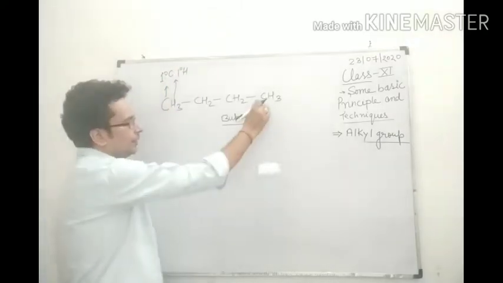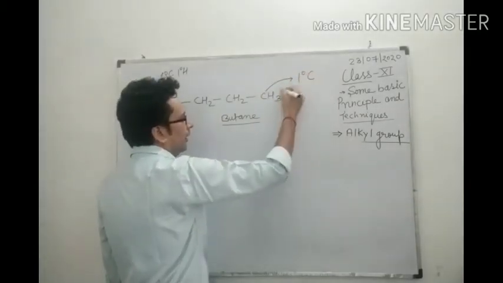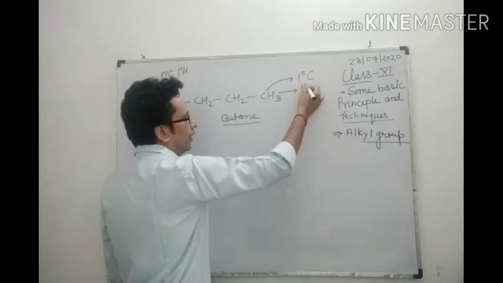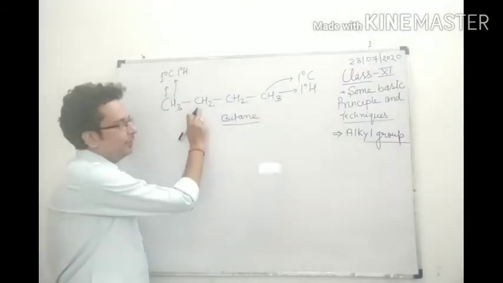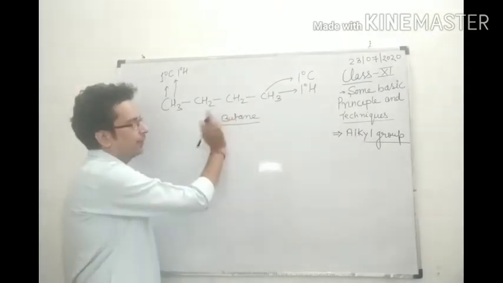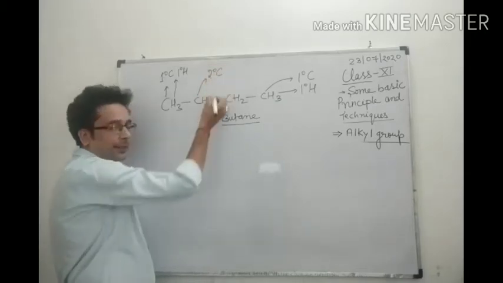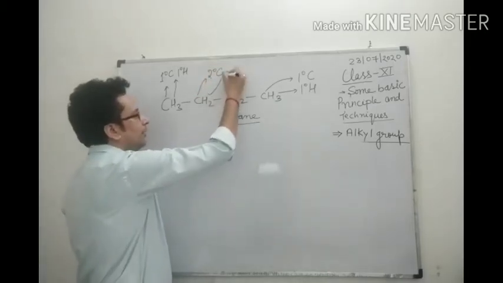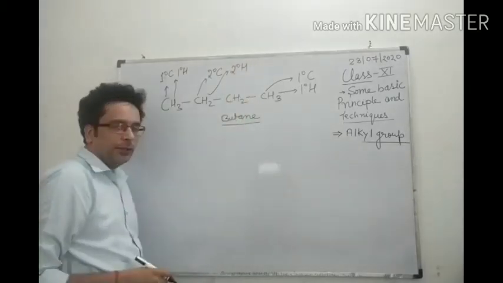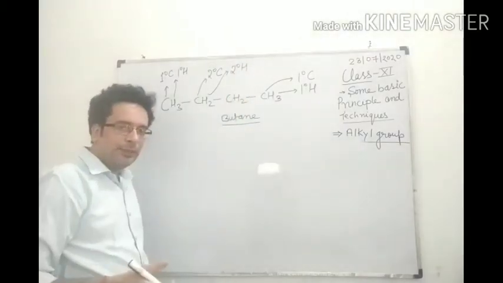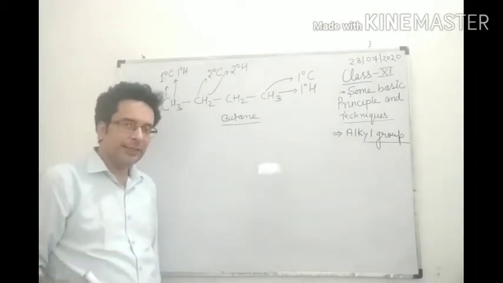Clear? This one is also 1 degree carbon with 1 degree hydrogen. Now what about this carbon? This carbon is attached with this carbon and this carbon. That is why it is 2 degree carbon, secondary carbon, and this hydrogen is known as 2 degree hydrogen. Why is it known as 2 degree hydrogen? Because in the starting of the video I defined 1 degree hydrogen, 2 degree hydrogen and 3 degree hydrogen.